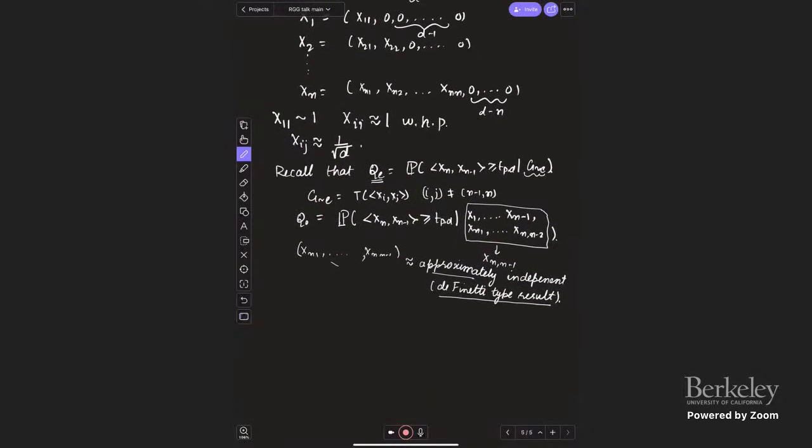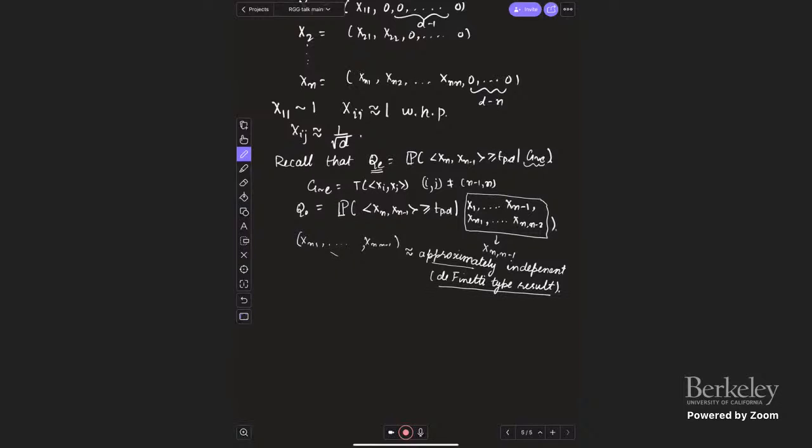We have an explicit expression for the inner product between xn and xn−1 in terms of the quantities we defined here. That is, ⟨xn, xn−1⟩ is equal to ⟨xn−1, x(n−1)⟩ times ⟨xn, x(n−1)⟩ plus the summation over j equals 1 to n−2 of ⟨xn−1, xj⟩⟨xn, xj⟩.